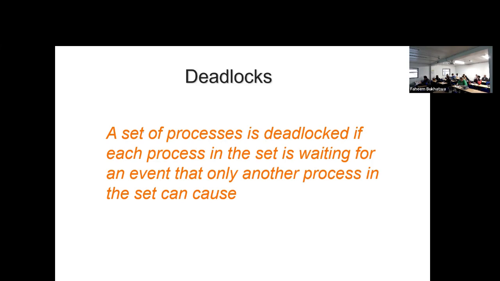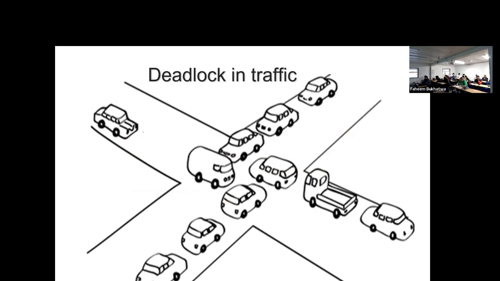But that event can only be made available by another process in the same set. That car cannot move because it needs a space in front of it that has to be made available by the other car in front of it. The other car is also deadlocked. So everybody is in a situation where they cannot move.